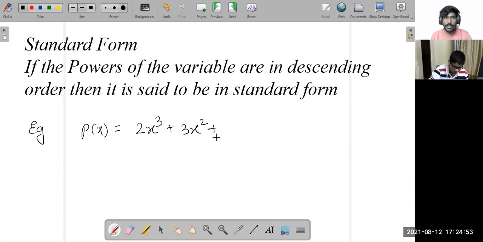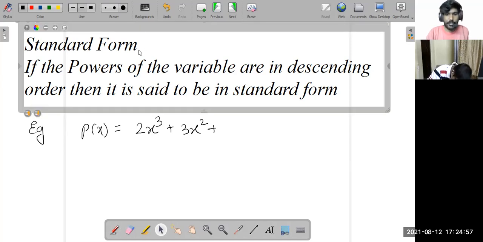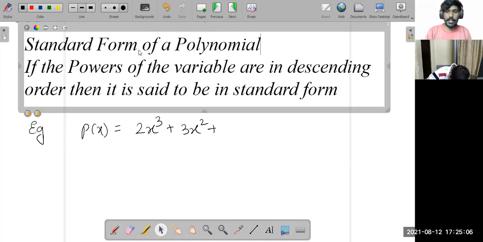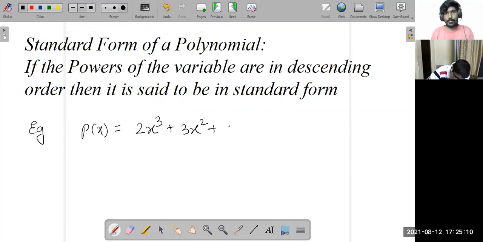Yes, put the heading standard form of a polynomial. Better if you always write the definition, it will help you to remember later. So if the terms are in descending order of the powers, then it is said to be standard form.